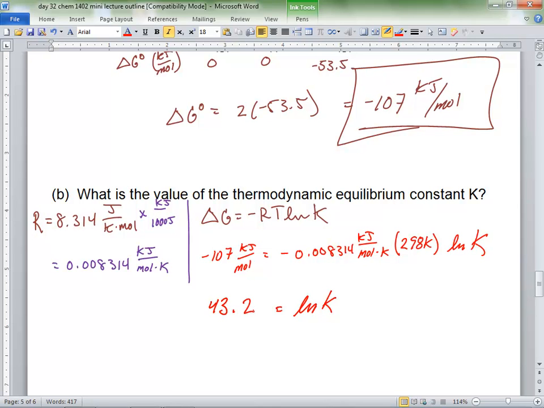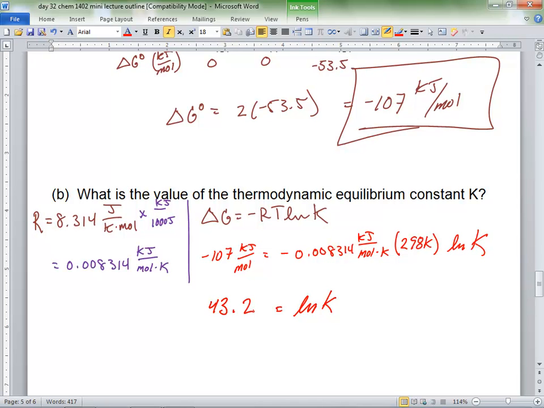So no matter how you do this, everyone needs to end up with the same intermediate step. Something like 43.2 equals the natural log of K. Negatives cancel out. You divided negative 107 by a negative 0.0. All right, negatives are gone.